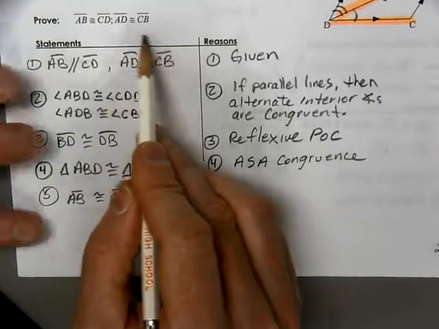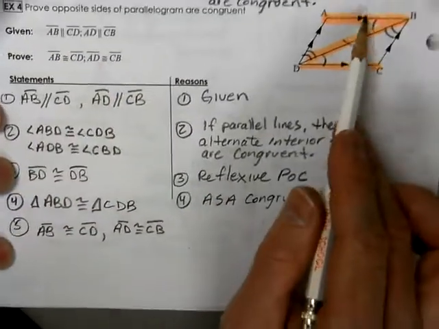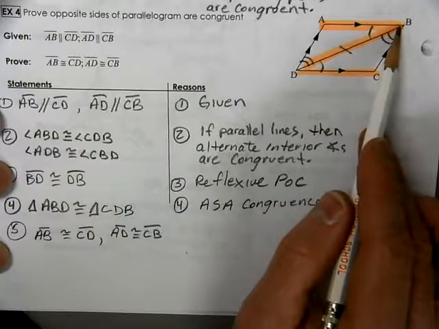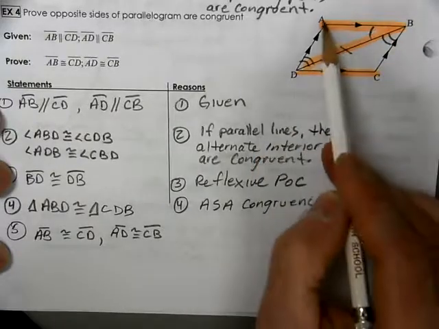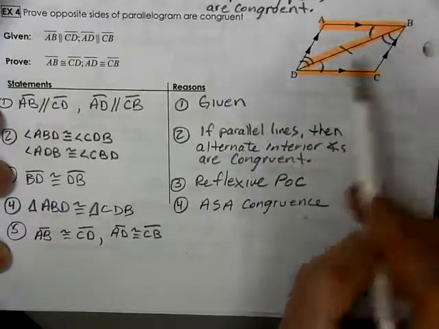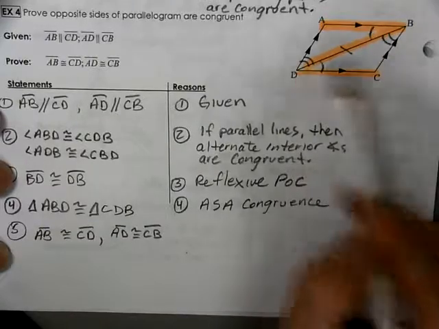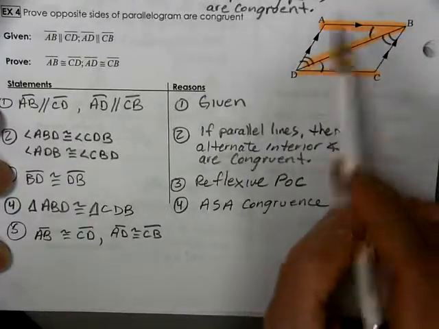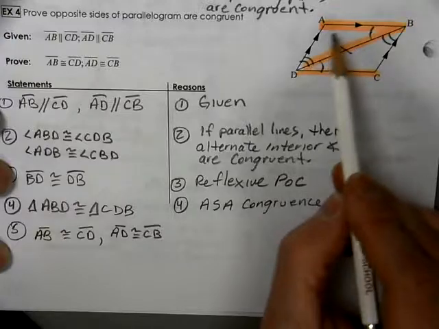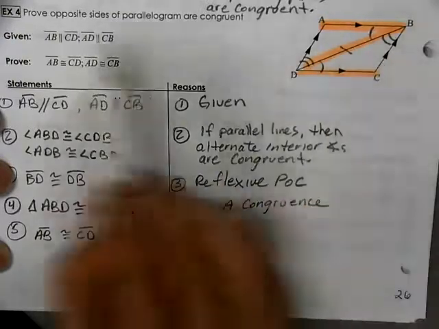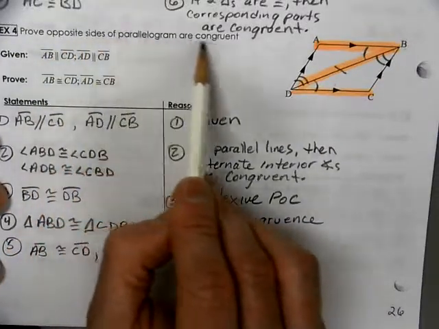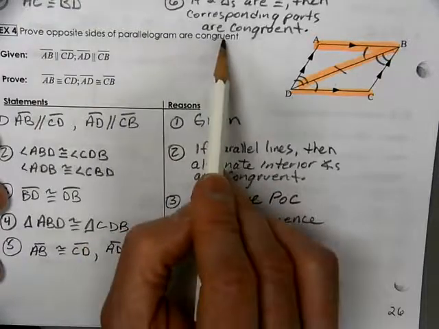That's what we're trying to prove here. Those are the sides of our polygon, AB and CD, AD and CB. The opposite sides are congruent in this parallelogram. A parallelogram has opposite sides parallel. That's what we're trying to prove. Opposite sides are congruent.